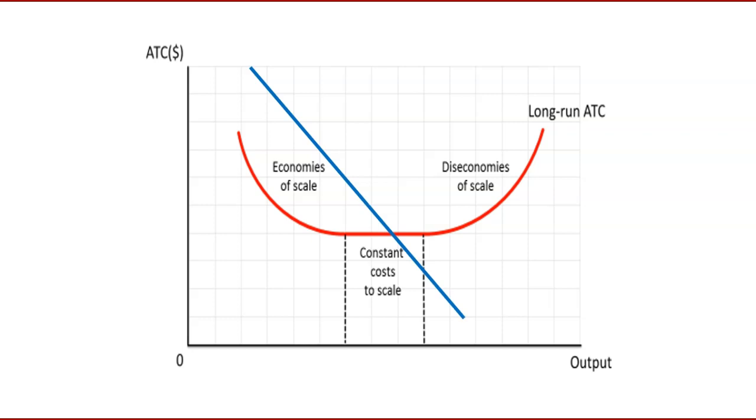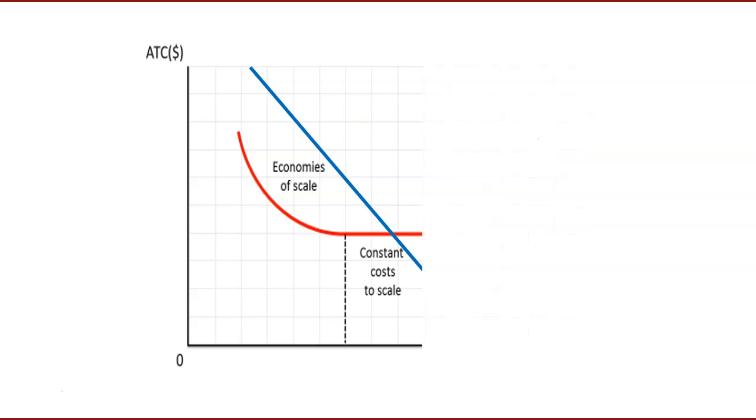In this case, it's still true that some of this long-run average cost curve is simply not relevant. So we would have a scenario like this, and this is what some economists argue for. That is, where you have economies of scale and then just constant returns to scale. That's what becomes relevant. Diseconomies of scale are just a theoretical possibility, at best.